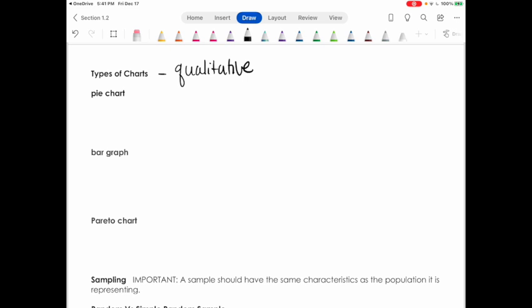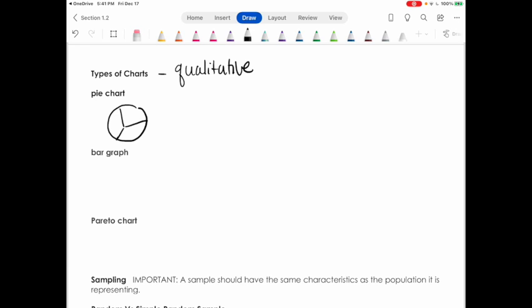Okay, so for a pie chart, I'm sure you've seen this before. Categories of the data are represented by the pieces of the pie in the circle. So when you look at a pie chart, it's a circle and then it's split up into different slices. Each of those slices represents a category. And the slice of the pie gets bigger as the percentage out of the whole gets bigger.